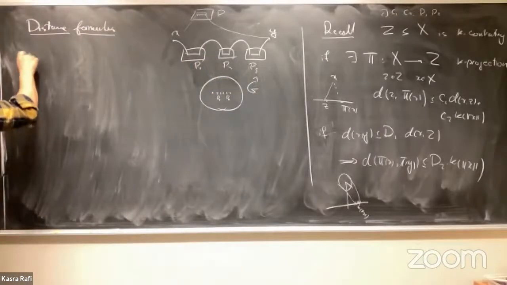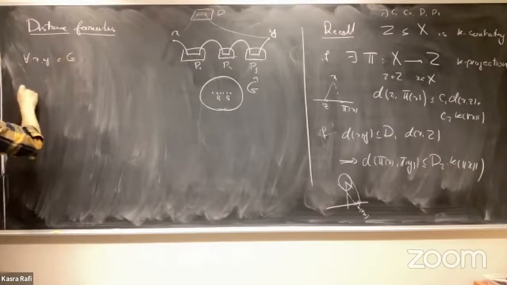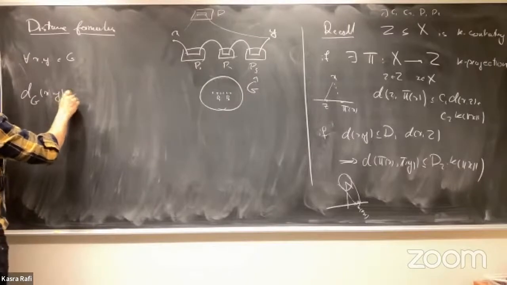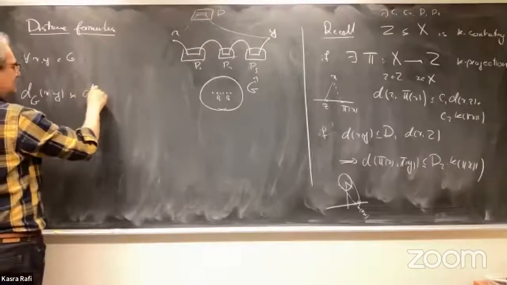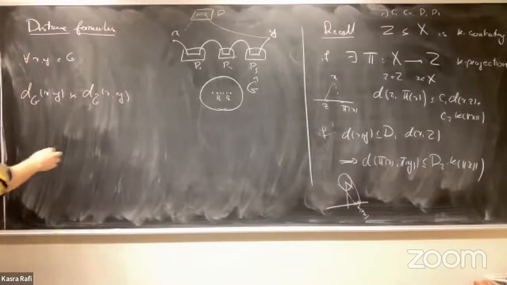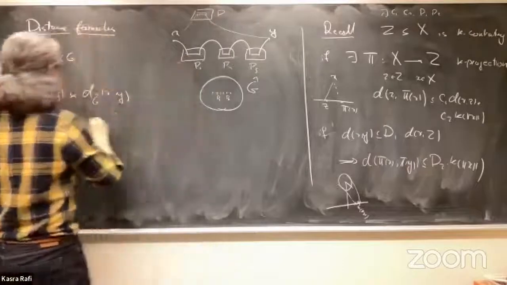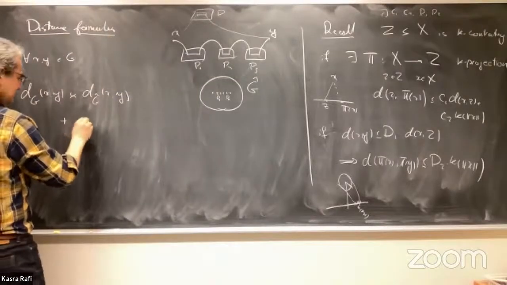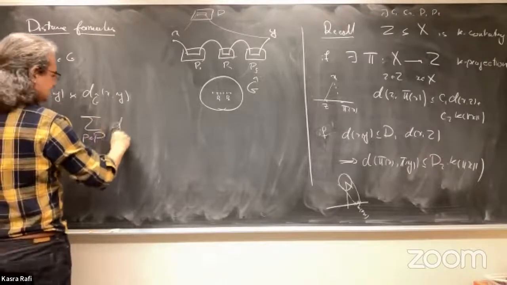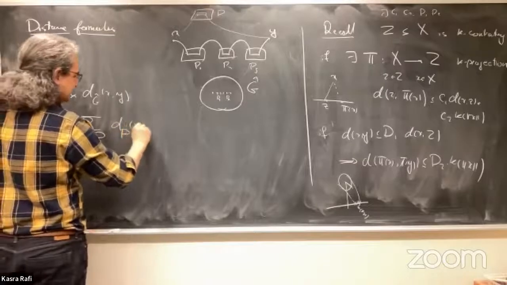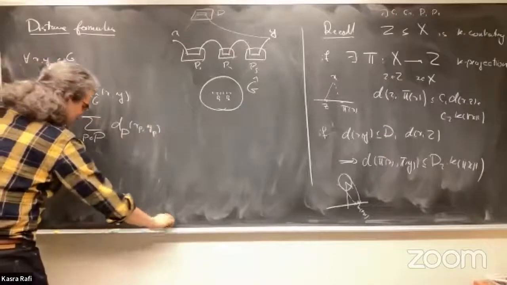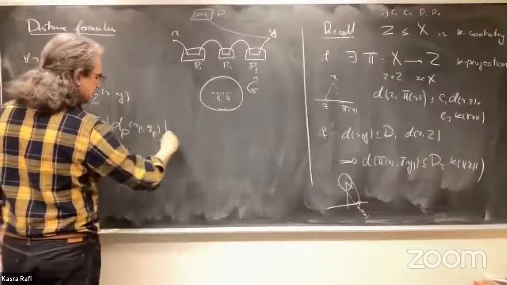So for every x and y in G, the distance in G between x and y is equal, up to some multiplicative error, to the distance between x and y in G hat, that is, the number of these peripheral subgroups that appear, plus, for the large ones, you look at the distance in this peripheral subgroup between the projections of x and y in here. To say the large ones, I put a floor k.